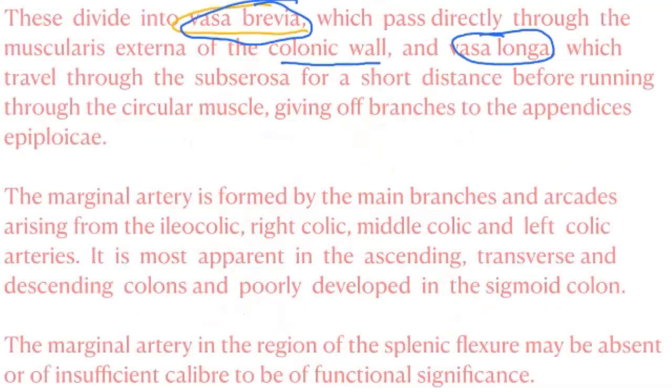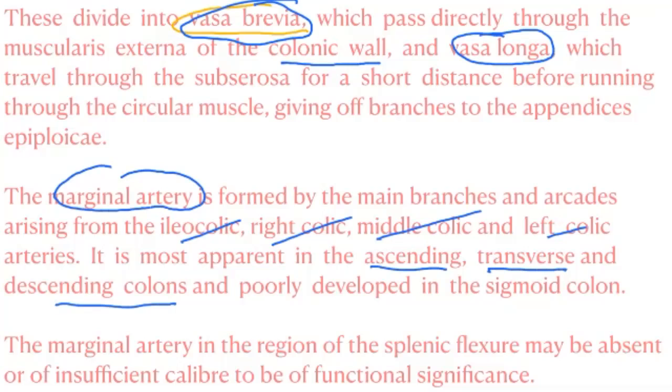The marginal artery is formed by the main branches and arcades arising from the iliocolic, right colic, middle colic and left colic arteries. It is most apparent in the ascending, transverse and descending colon. The marginal artery in the region of the splenic flexure may be absent or of insufficient caliber to be of functional significance.